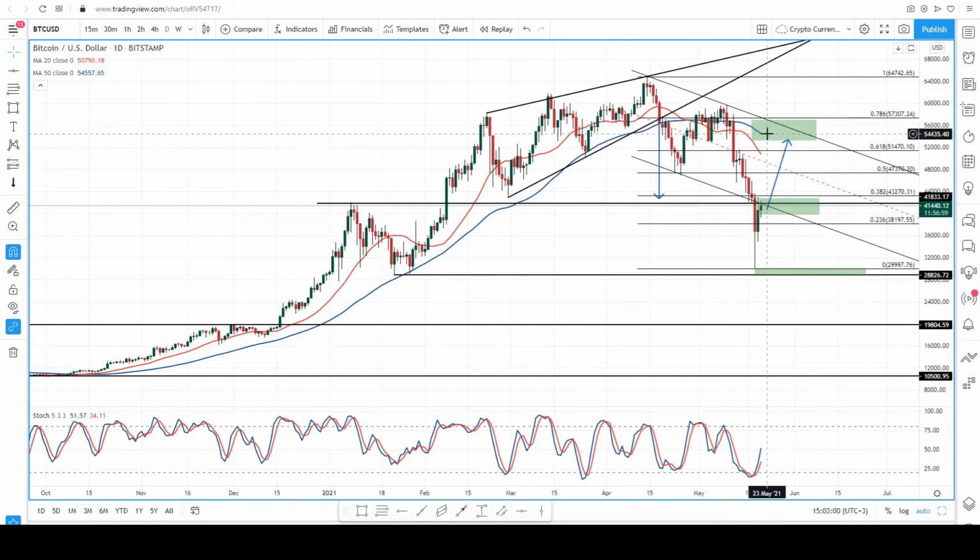So that's where we have the 50 period moving average, we have the channel high there, and with such volatility we could easily see a big move like this, and then it remains to be seen if the market is going to roll over again, and then we'll just reevaluate the situation after that to see what's likely to happen.